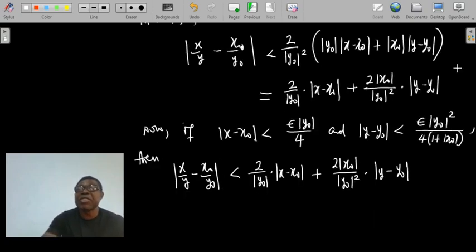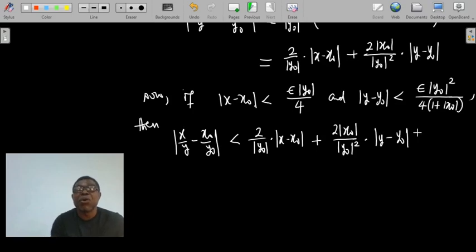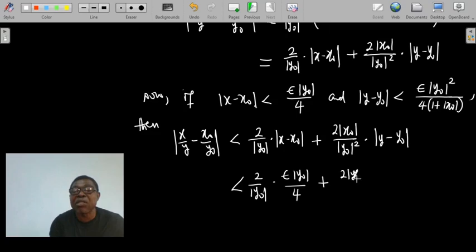And now, using this estimate we've just gotten here, we'll go further to get that this will be less than 2 over absolute value of y naught, then times epsilon absolute value of y naught over 4, then plus 2 absolute value of x naught all over absolute value of y naught squared, then times epsilon absolute value of y naught squared, all over 4 into 1 plus absolute value of x naught.